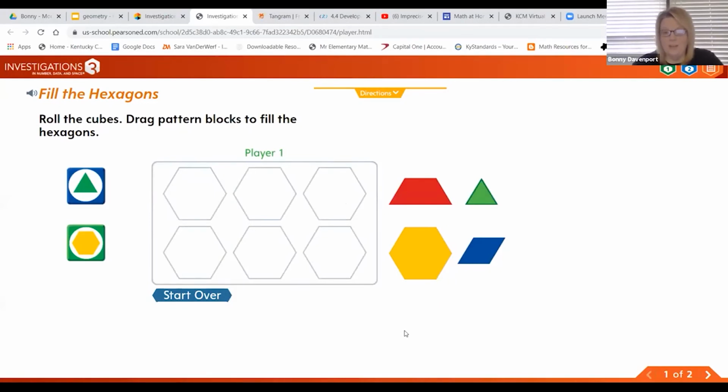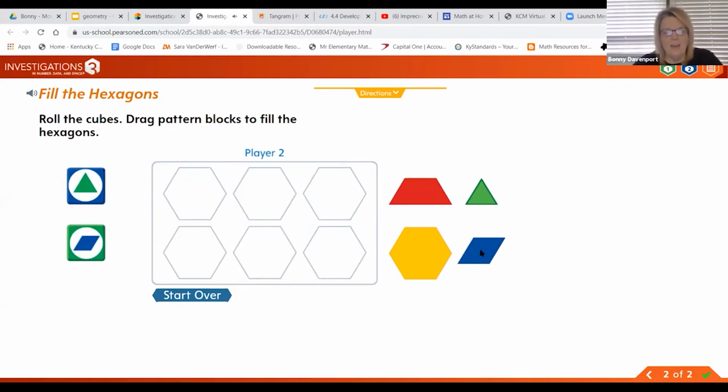It's for 2 players, and player 1, the objective is to fill the hexagon. So you take a turn and you get to spin the dice. Oh, I got 2 hexagons. So I'm already pretty far along. Then it would be my partner's turn, and you press partner number 2, and they get to spin.